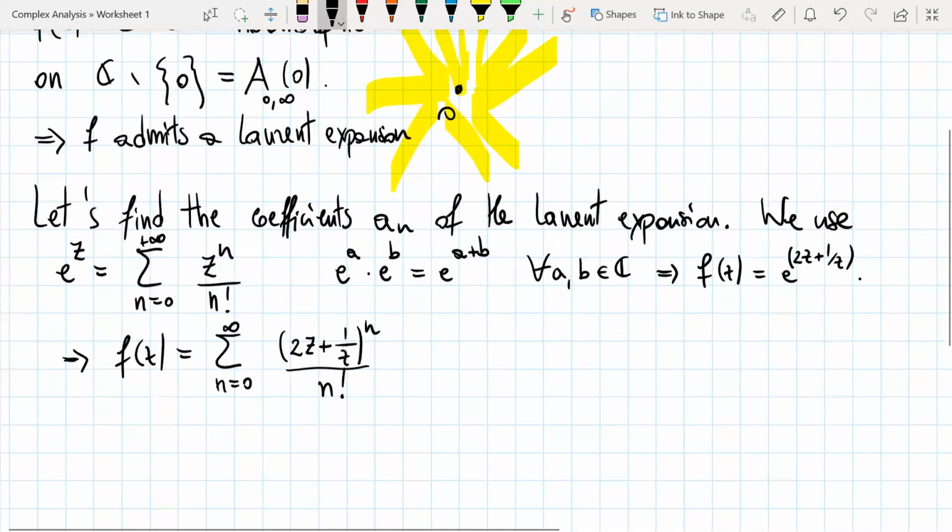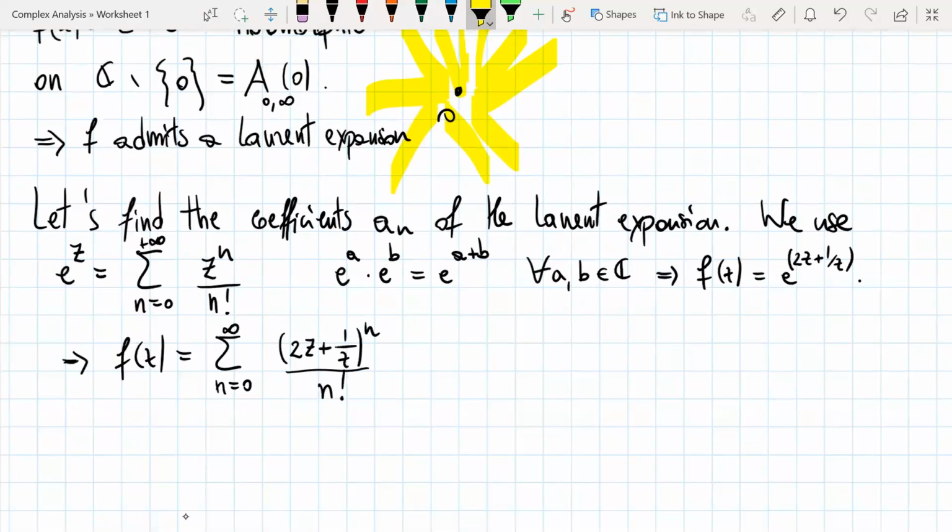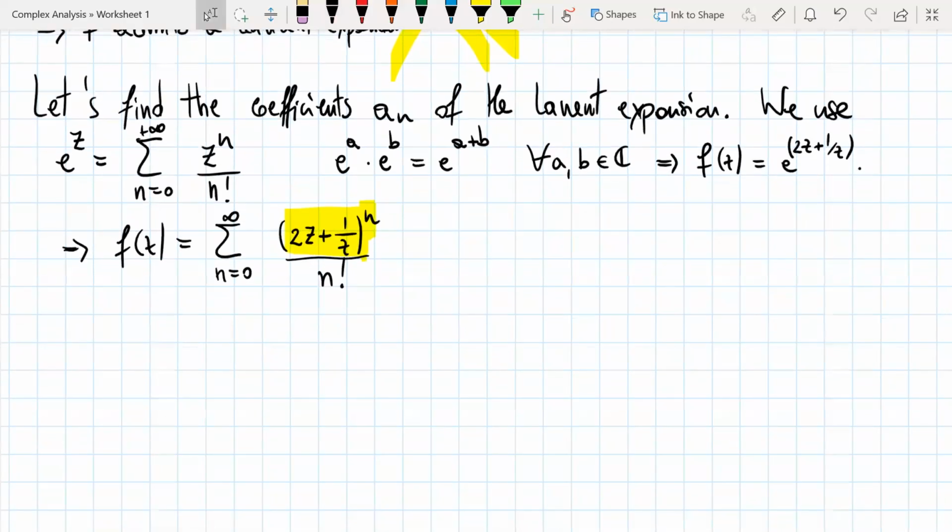So before going on, we want to compute this power here, 2z plus 1 over z to the n. So this is easy to do using the binomial coefficients. So what is 2z plus 1 over z to the n?